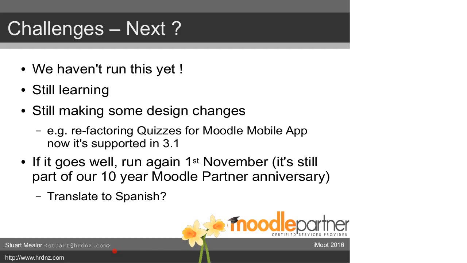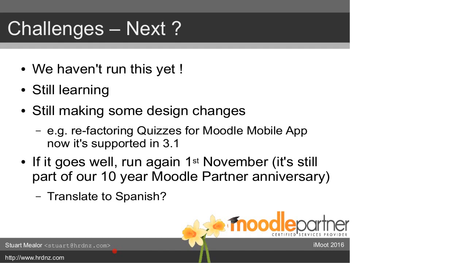An obvious one that you'll probably have realized by now is that as we've updated the Moodle site to 3.1, and I've updated the Moodle mobile app on my phone today to 3.1, we now have to go back and look at some of our quizzes in the course, because now they can be taken on the mobile device, but not necessarily every question type is supported.